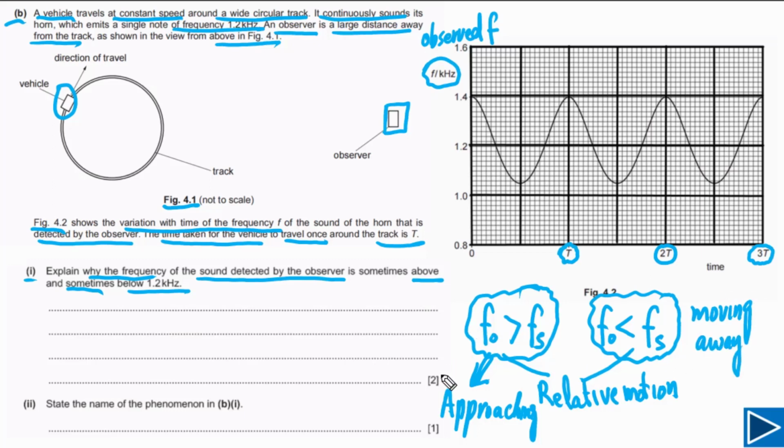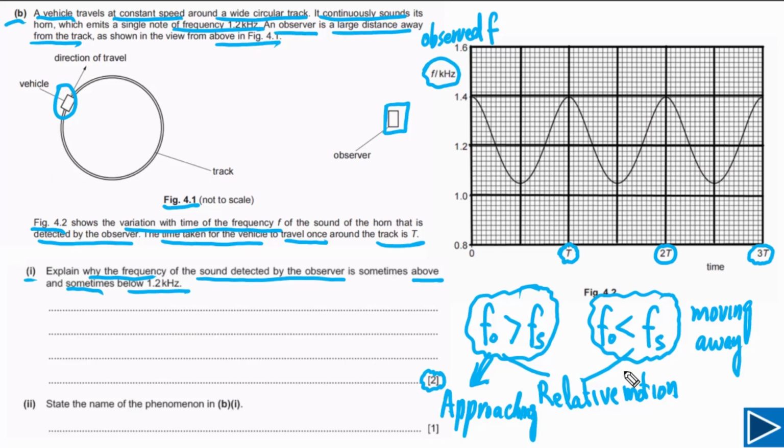Now if you look at this question, it has 2 marks, so it is asking you to explain why. One thing you can explain: when there is a relative motion between source and observer, we will perceive the observed frequency higher or lower than the frequency of the sound produced by the source.